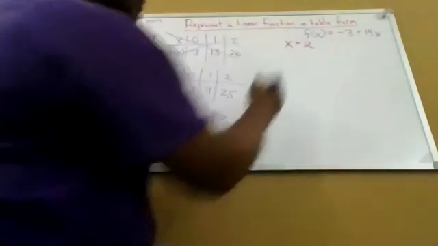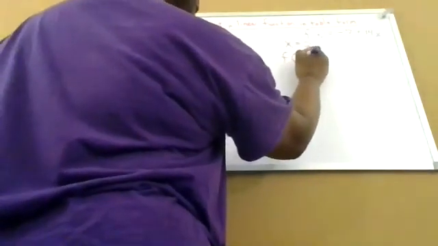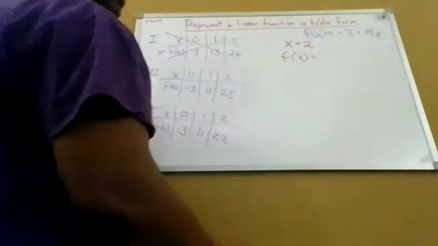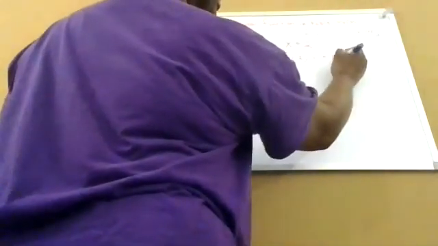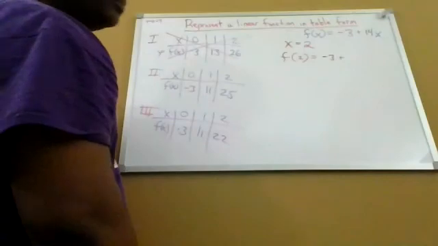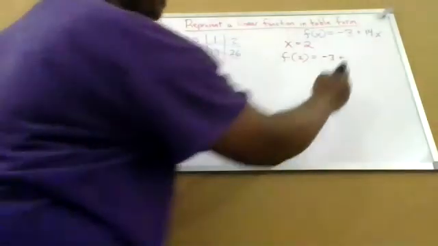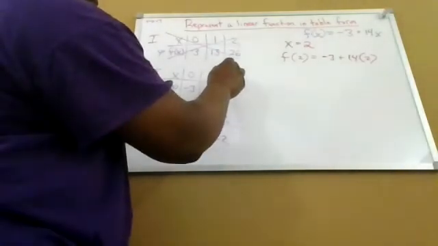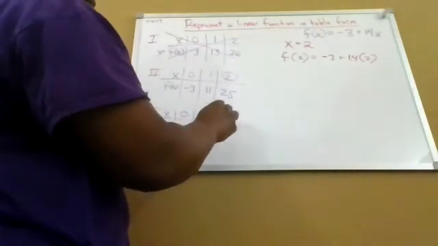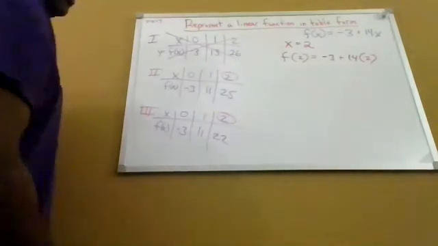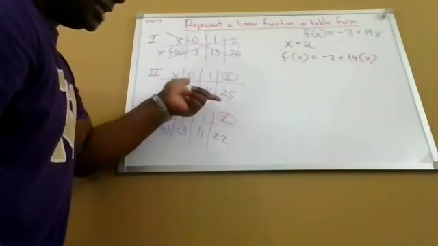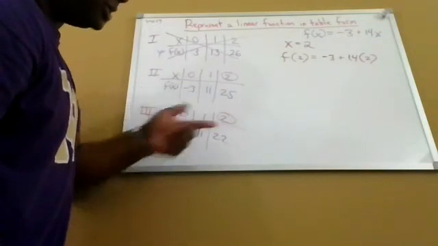So now when x equals 2, f of 2 equals -3 plus 14 times 2. I'm circling both because both values are 2. We're looking to see, is my y value going to be 25 or 22?